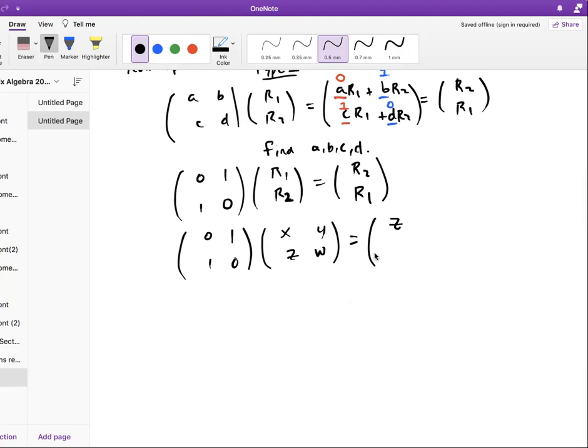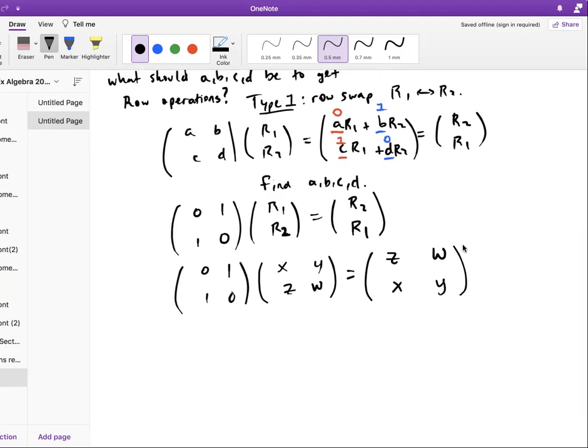And then what goes in the 1, 2 entry? W. And then the 2, 1 entry? X and Y. So good.